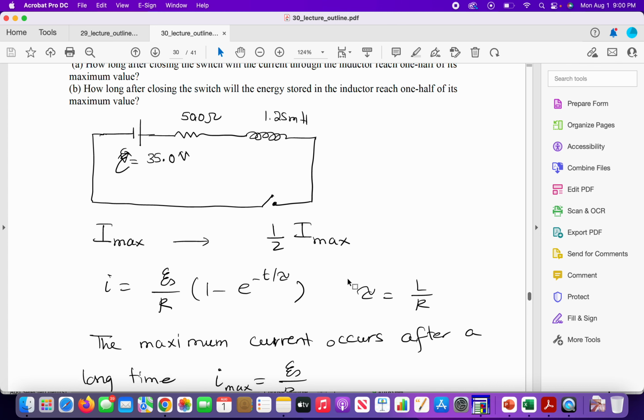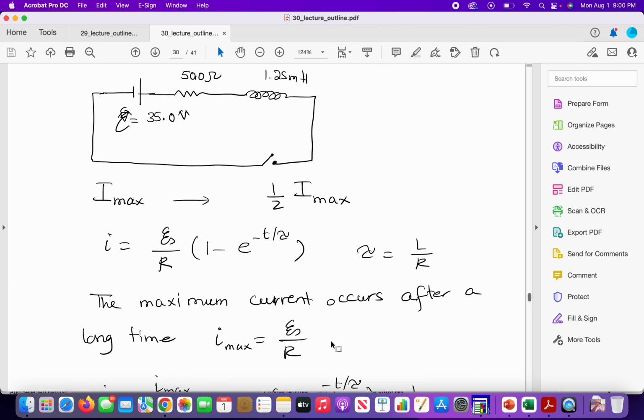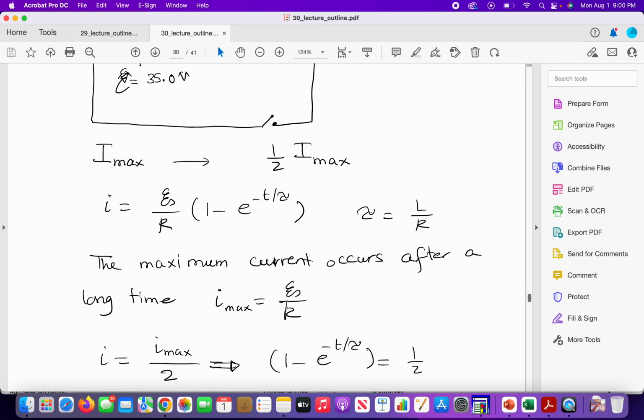The equation is I equals I maximum times (1 minus e to the minus t over tau), where tau is the time constant, L divided by R. The maximum current occurs after a long time, and I max is E over R.